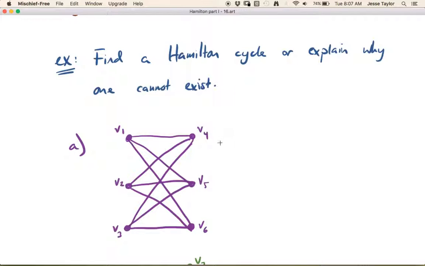Okay, there is one. It says to find one or explain why one can't exist, so we'll just find one. Let's say we start at vertex 1 and we go to vertex 4.